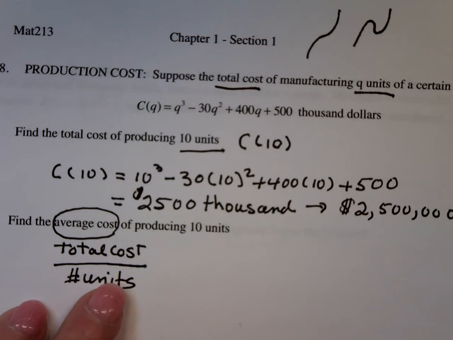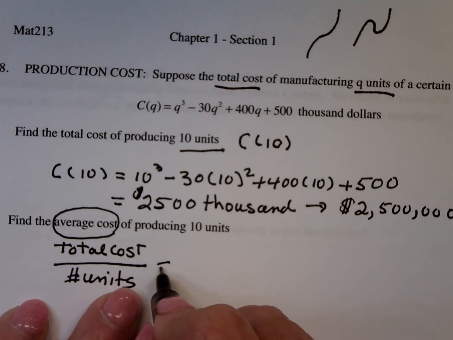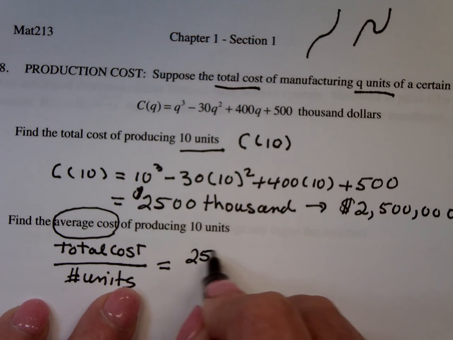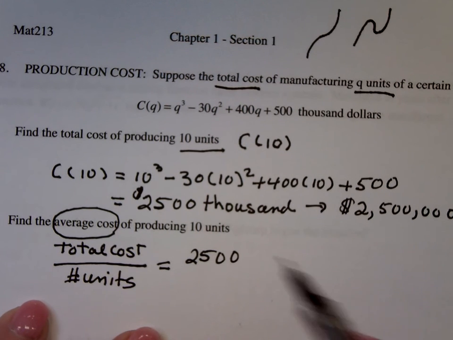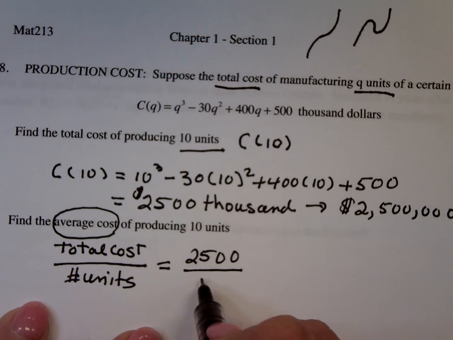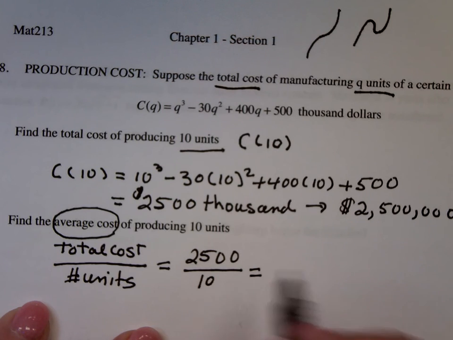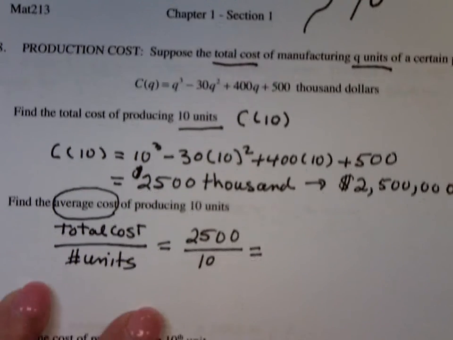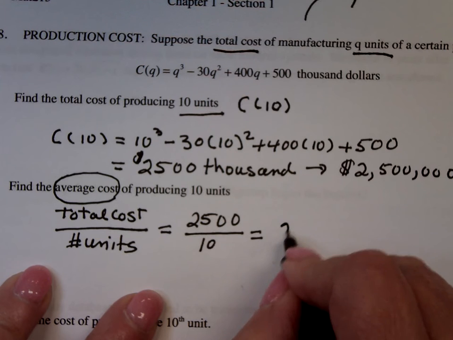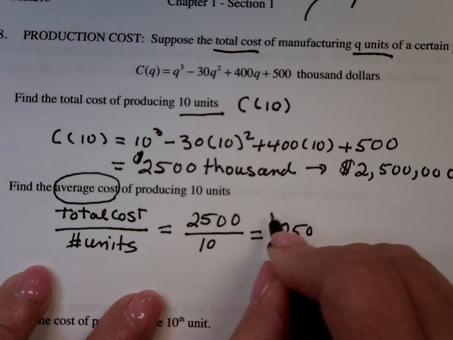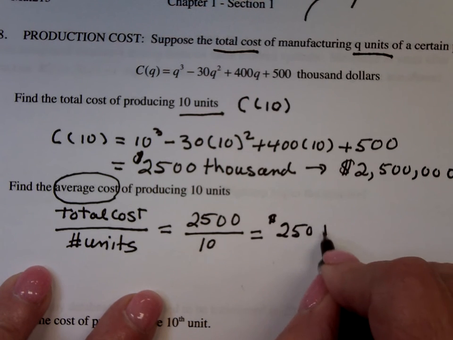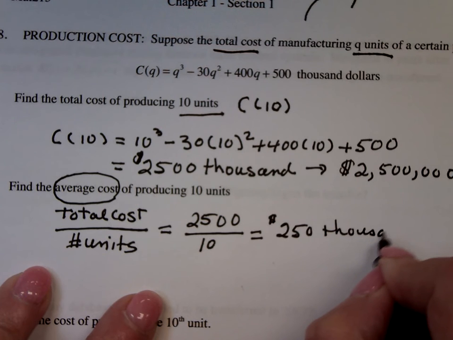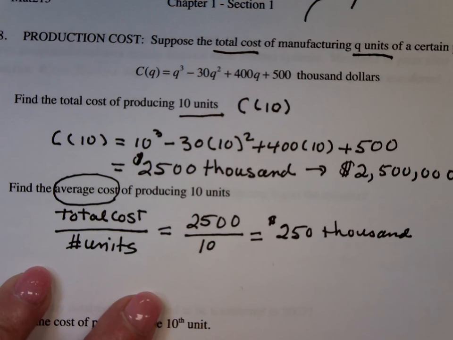Well, we do have the total cost for producing 10 units. That's $2,500,000. The number of units we're producing is 10. So this is going to be $250,000. $1,000 what?